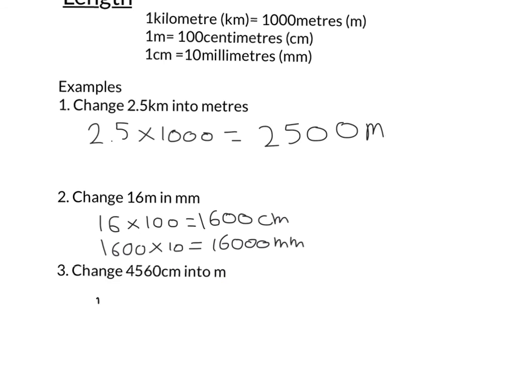So we know that there are 100 centimeters in a meter, so we need to see how many hundreds fit into or divide into 4,560. And the answer to that would be move the decimal point 2 places and you would get 45.60, but you would drop the 0. There's no need for the 0 there. So you can rub it out, and then you put in your units, which would be meters.